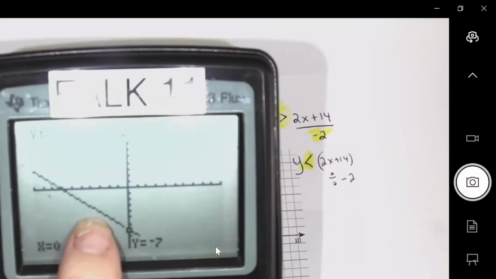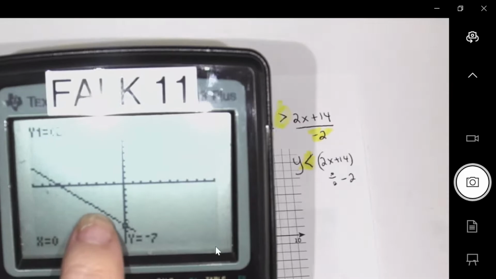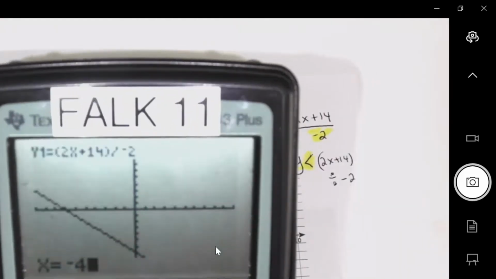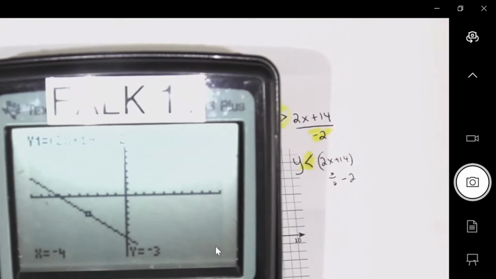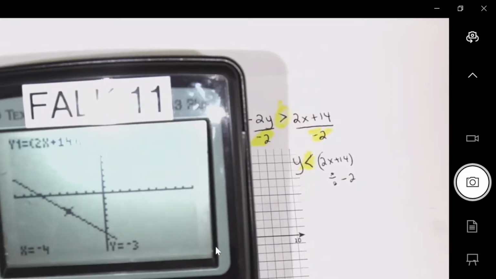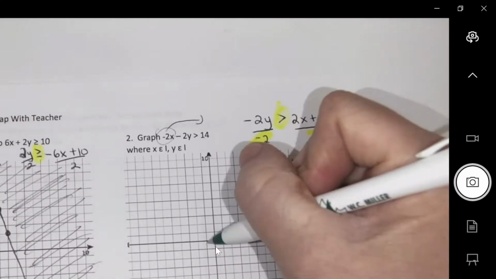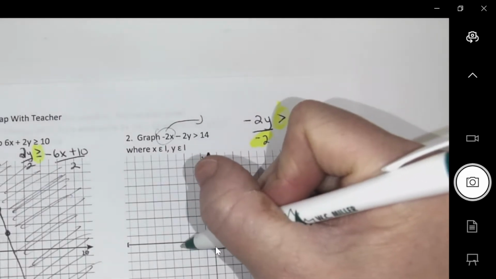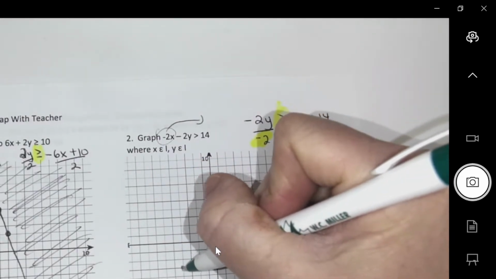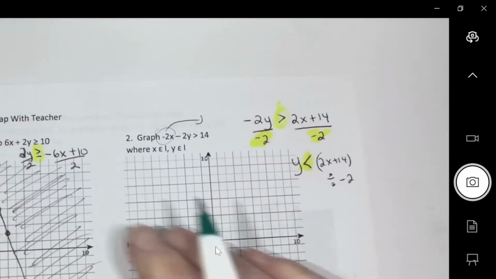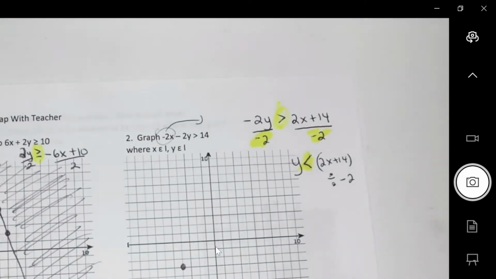I'm going to maybe try to find one of these points. So maybe like a negative 4. You can find any point you want, but negative 4, negative 3. If you found a different point, that's great, as long as obviously ours are lining up in the same line.